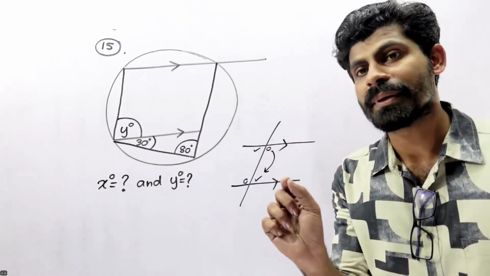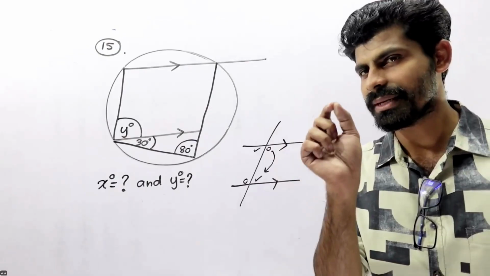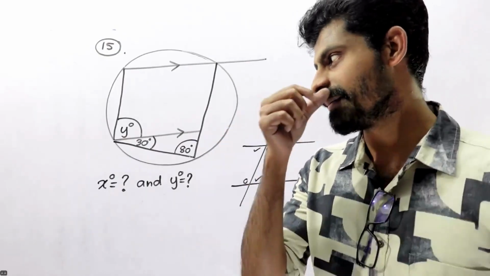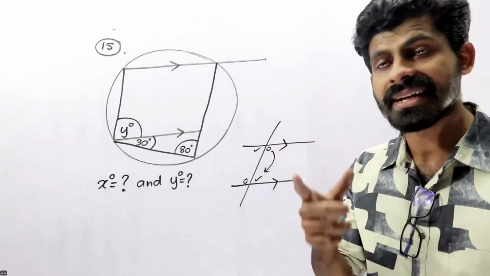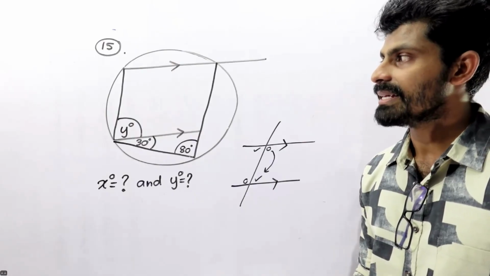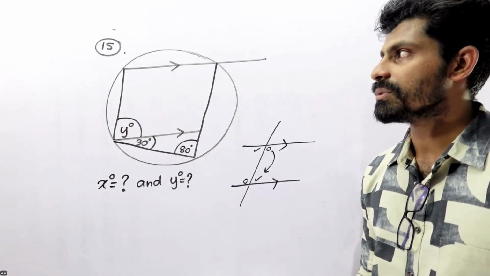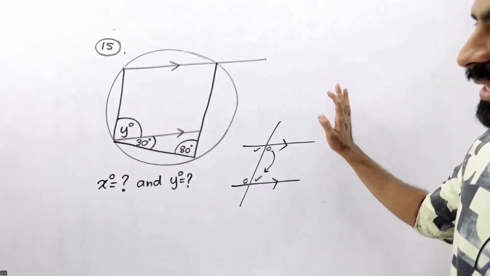Allied angles are supplementary: the addition of these two angles should equal 180. Likewise, we can do this one, equals 180. Or we can take it like that.